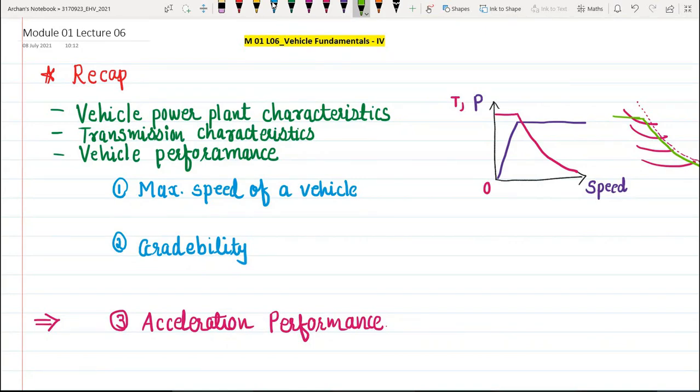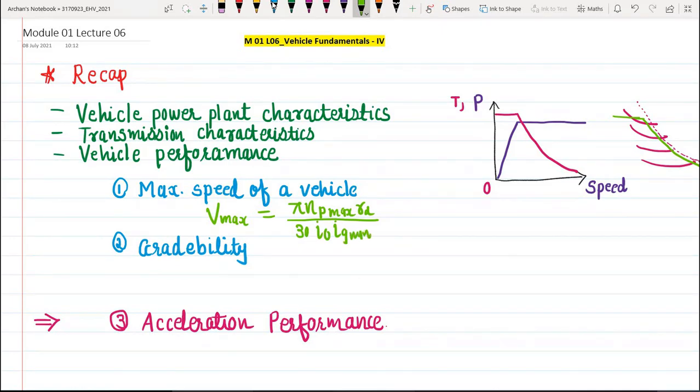And in the last lecture we have derived one equation for maximum speed of the vehicle, which is given by V max is equal to pi n_p max r_d upon 30 i_0 i_g minimum, right?